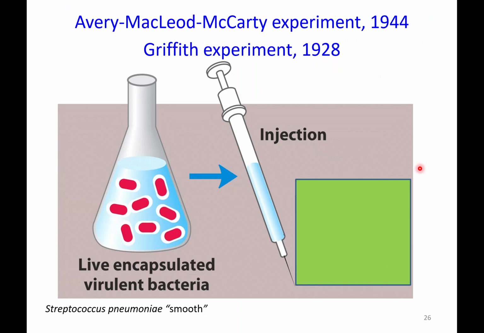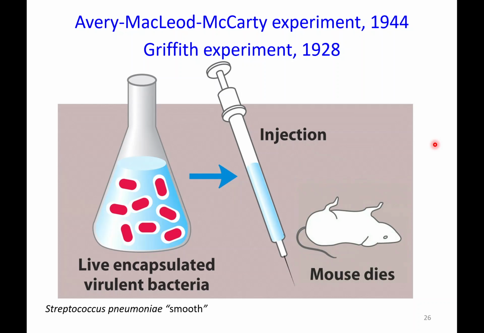So Avery, McLeod, and McCarty did this experiment in 1944, and there was also the Griffith experiment in 1928. Similar. So using live encapsulated virulent bacteria, remember that's the S colony, smooth, they would inject that into the mouse, and the mouse would die.